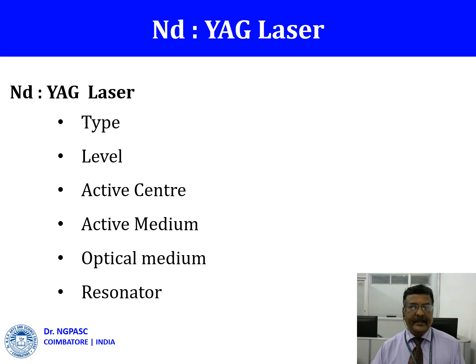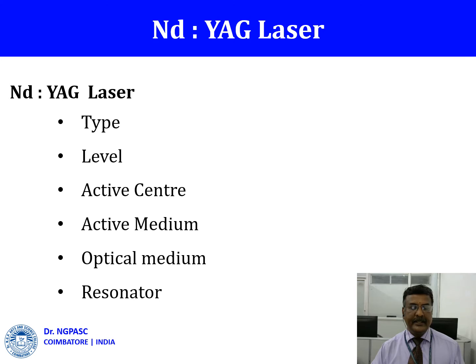There are different types of laser, for example, solid state laser, liquid laser, dye laser, gas laser, semiconductor laser, etc. Examples of solid state lasers are the ruby laser and the neodymium YAG laser.